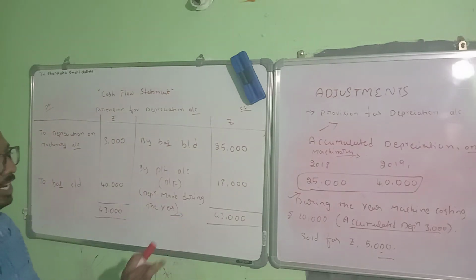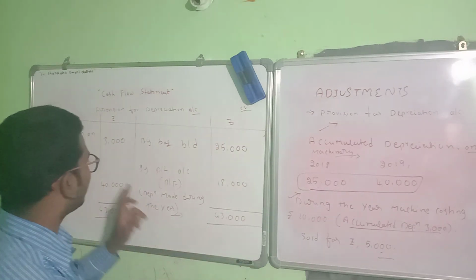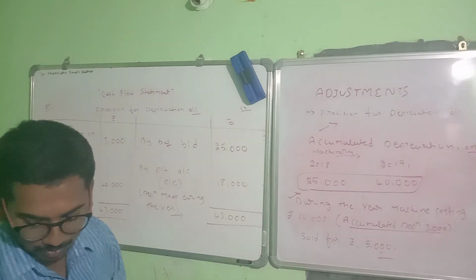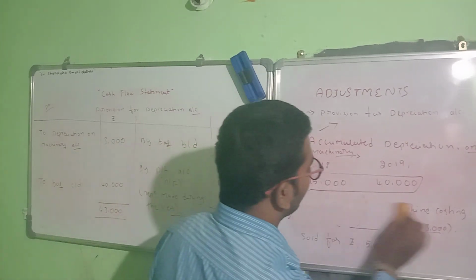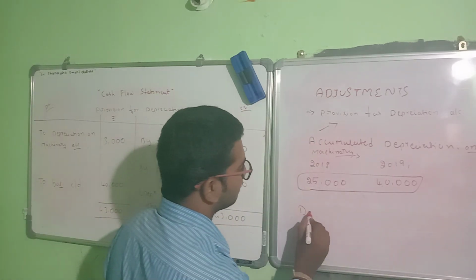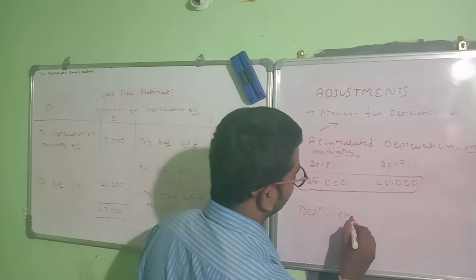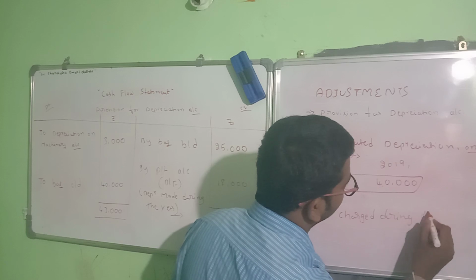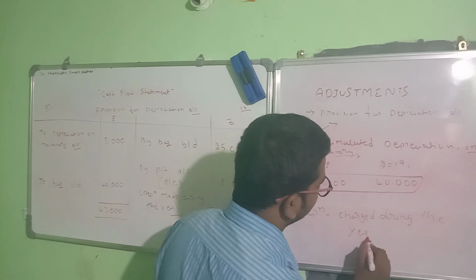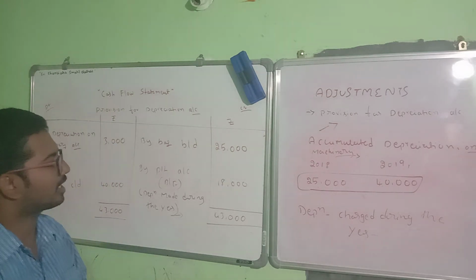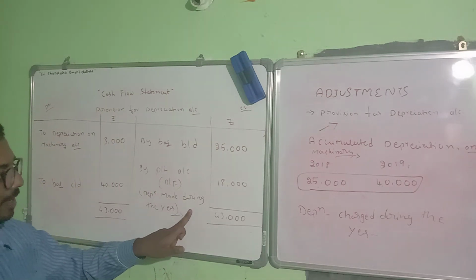Next step, either they give a depreciation charge on the particular machinery account, which is directly recorded as to machinery account 3,000, or else they'll give one more transaction, depreciation made during the year, depreciation charged during the year. So if they have given depreciation charged during the year, you have to post it on the credit side by depreciation made during the year.